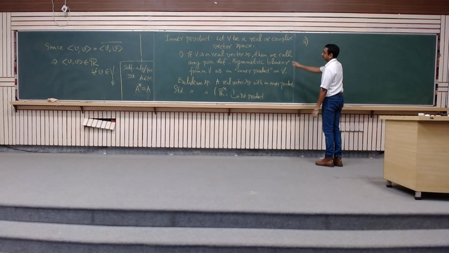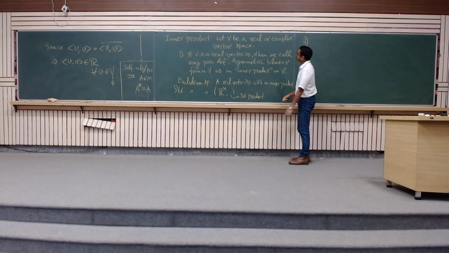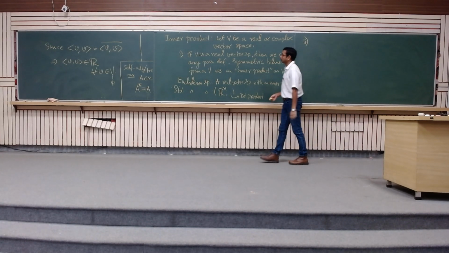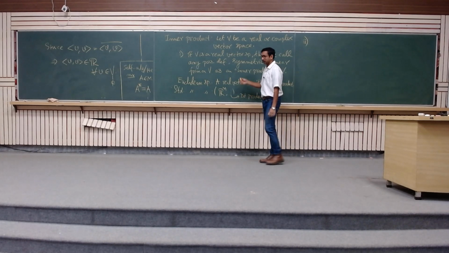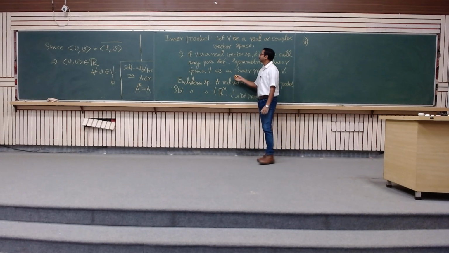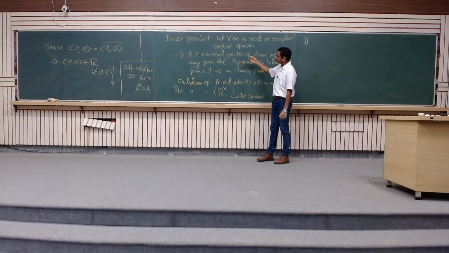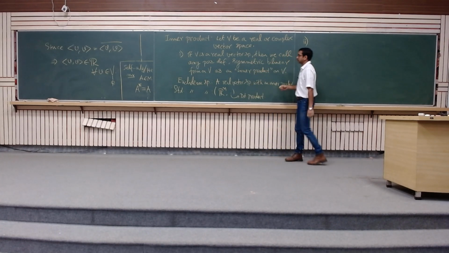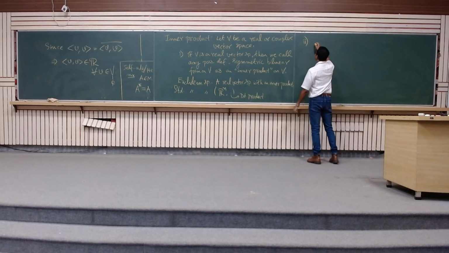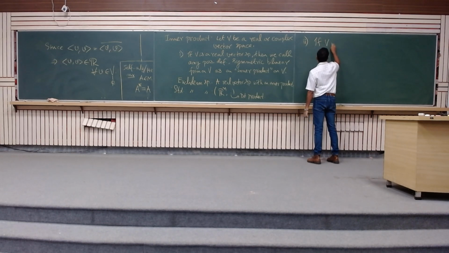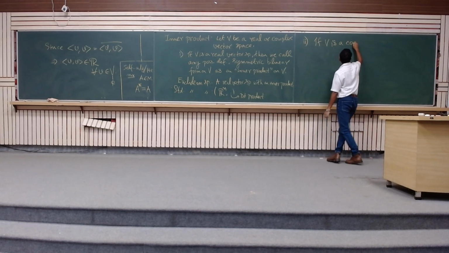Then comes the second part of the definition. We said that Hermitian forms let us extend the concept of inner products from real vector spaces to complex vector spaces. So now suppose V is a complex vector space.